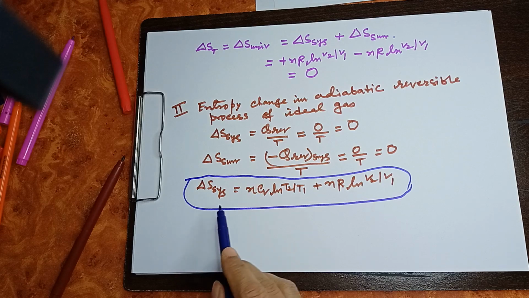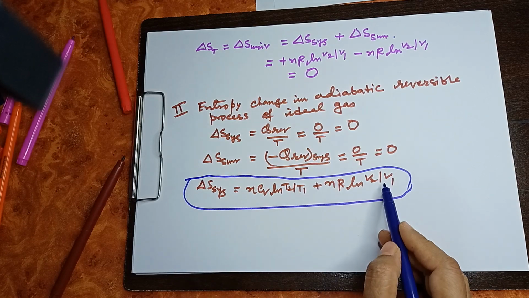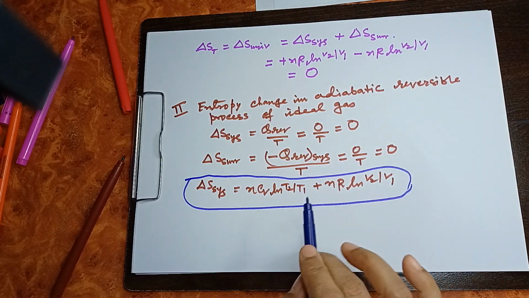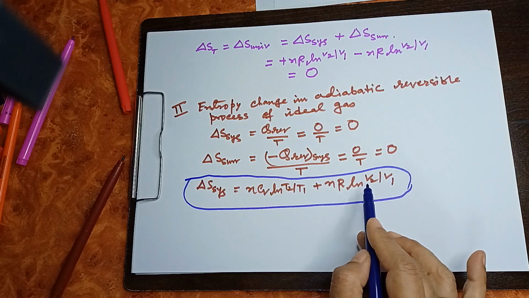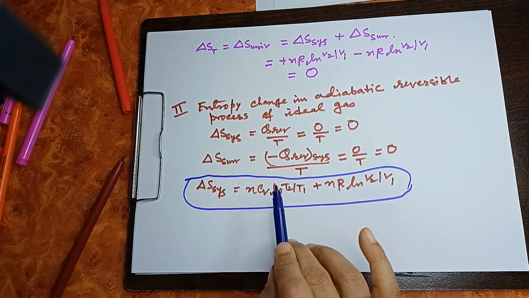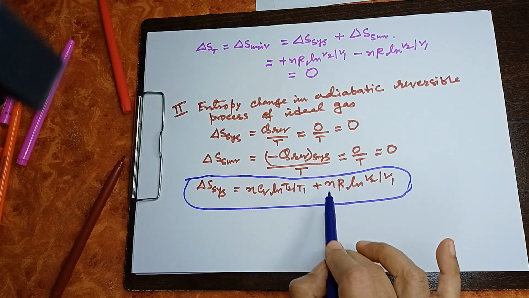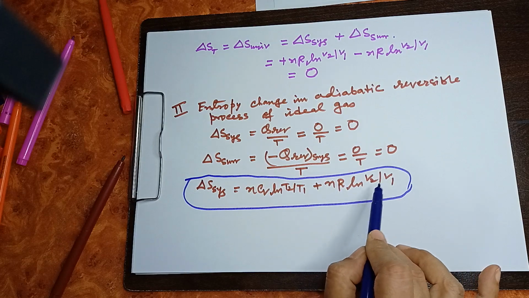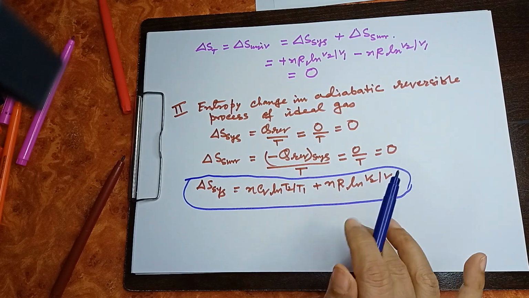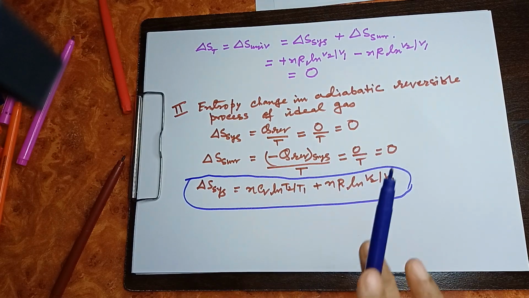Entropy change of the system is due to entropy change of the temperature plus entropy change of the volume or pressure. In case of an adiabatic process, entropy change of the system due to change in temperature is exactly compensated by the entropy change of the system due to change of volume or pressure. So entropy change of the system will come as 0.